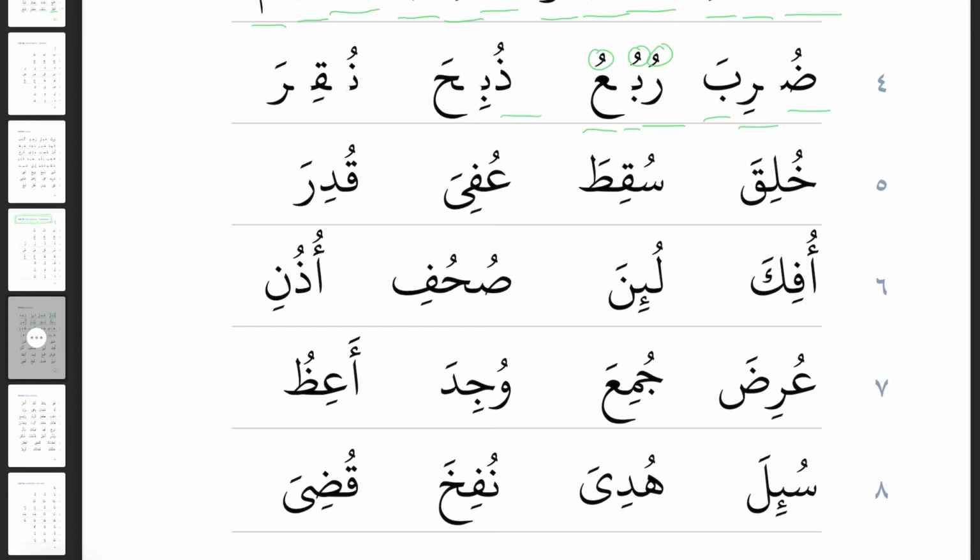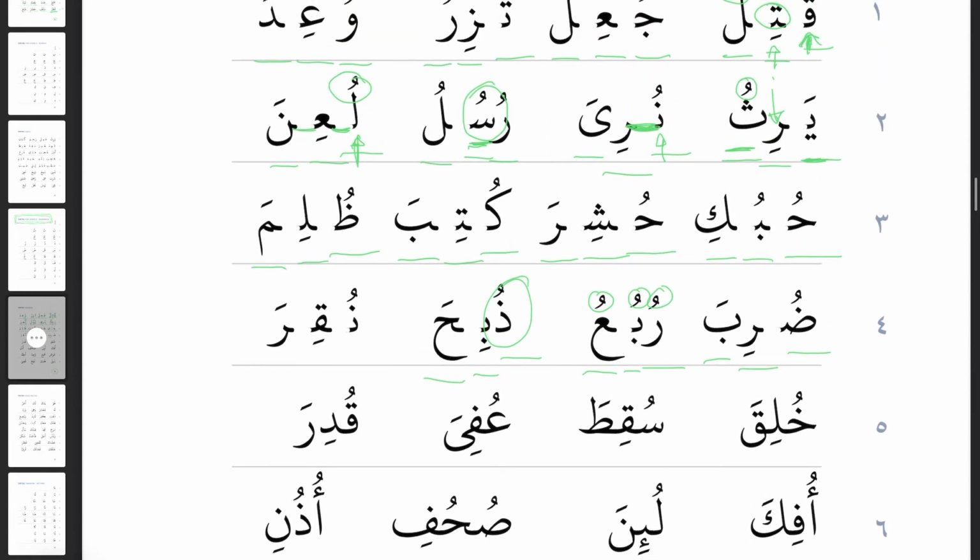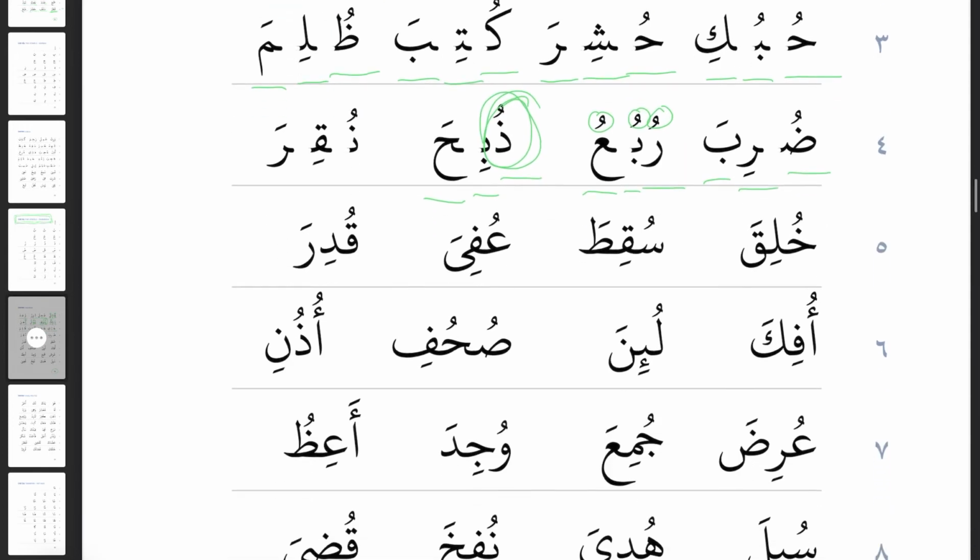Dhu, bi, ha. So look at this dhal. See, it didn't join up to the ba next to it. Unlike the noon here in this word, it would have happily joined up. And actually you can see quite a difference in shape between the noon here and the dhal here. So let's carry on.